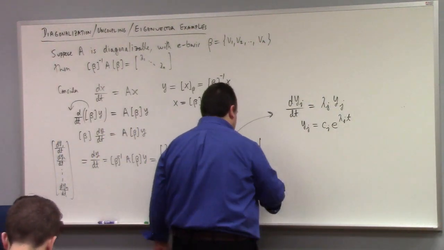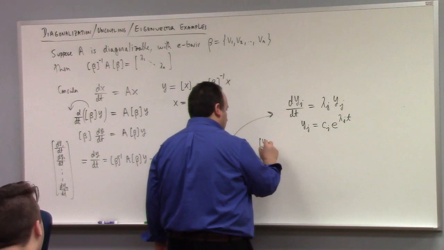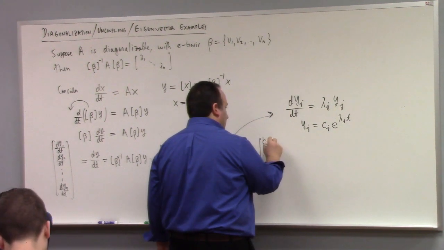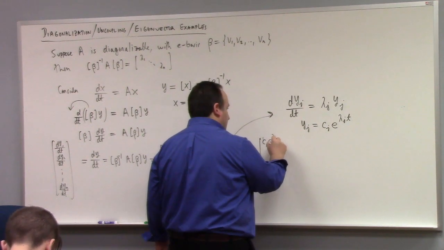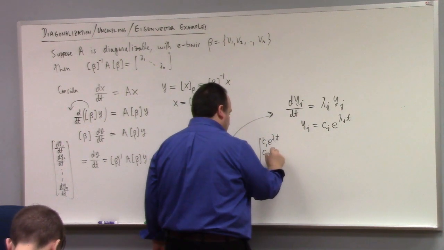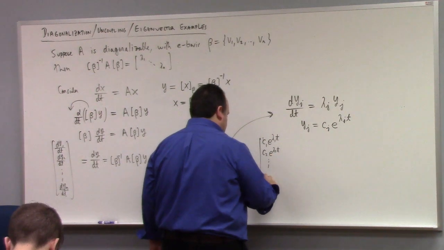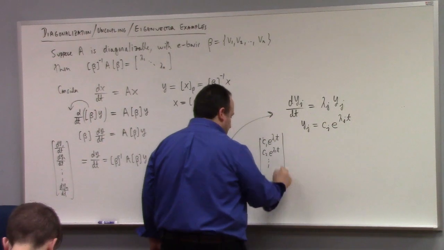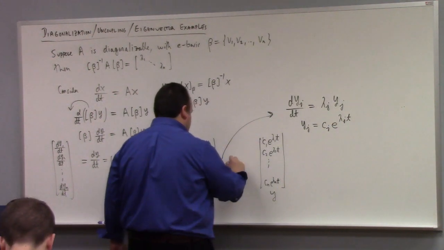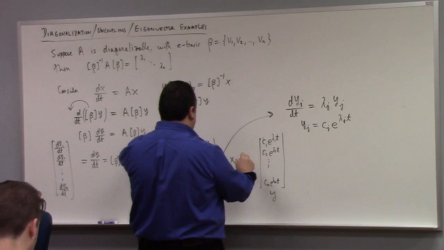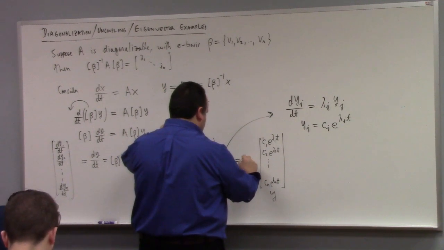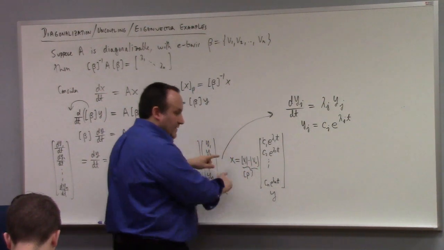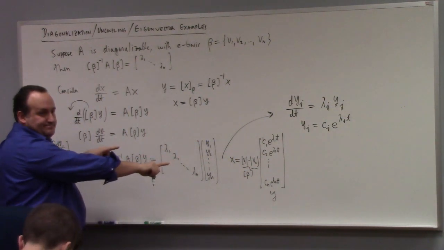So my solution actually looks like y equals c1 e to the lambda 1 t, c2 e to the lambda 2 t, through cn e to the lambda n t. Right? That's my y. x was equal to what? x was equal to beta y, right? So that's v1 through vn. This is my beta matrix. What happens when you multiply that by that?